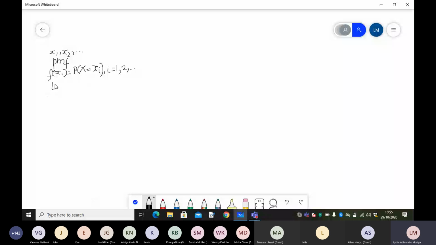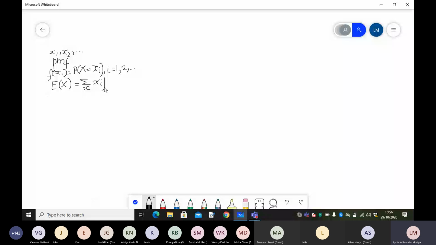the expectation of random variable X. And now we know that expectation is none other than the average value. Expectation of X is given by the summation over i of xi f of xi.